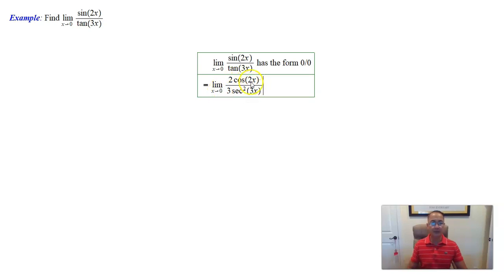X is approaching 0. Cosine 0 is 1, not 0 anymore. Secant of 0, secant is 1 over cosine, so that's also 1. Therefore, our limit is simply 2 over 3 by direct substitution.